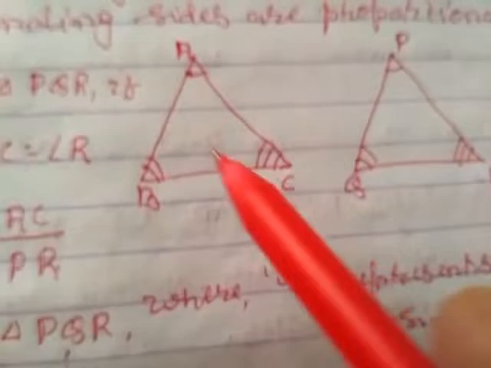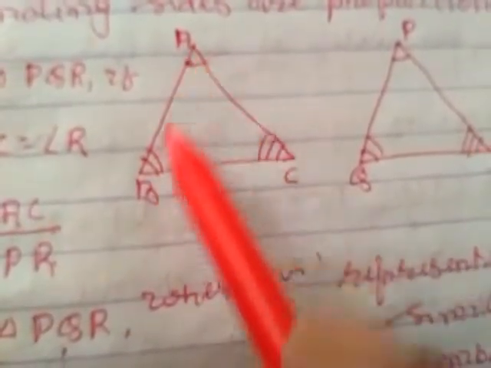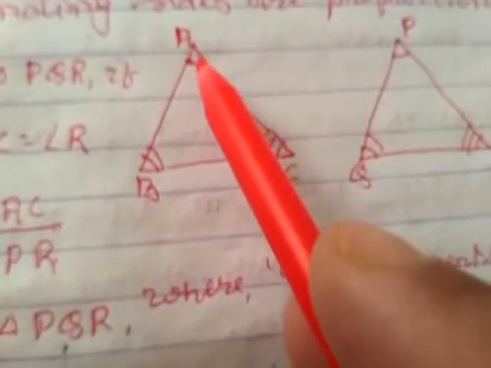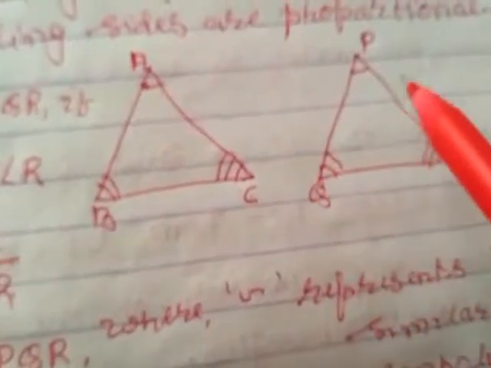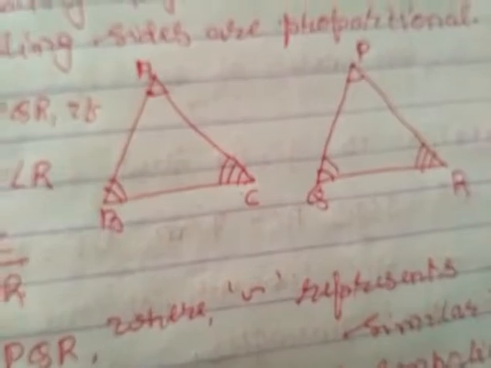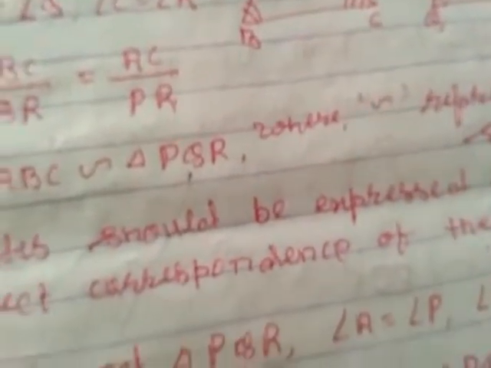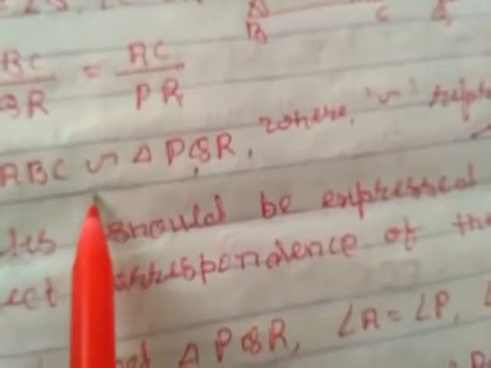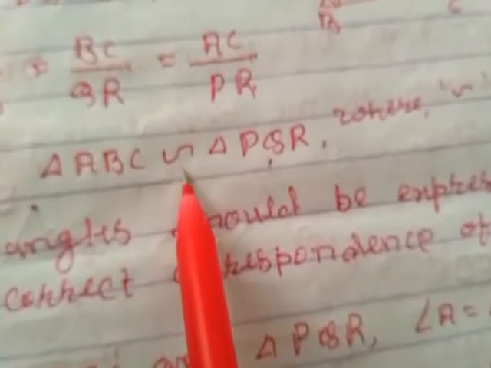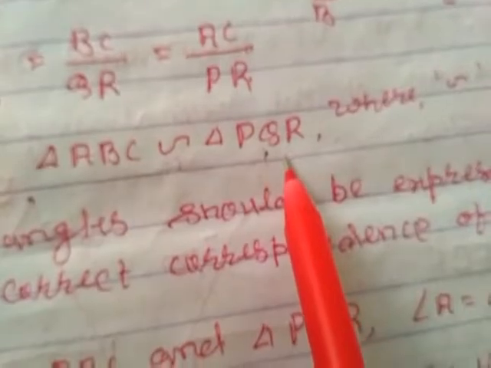And if their corresponding sides are in the same ratio, that is AB by PQ equals AC by PR equals BC by QR, then these two triangles are said to be similar triangles. And then this is written like this. This is the symbol of similarity. Triangle ABC is similar to triangle PQR.